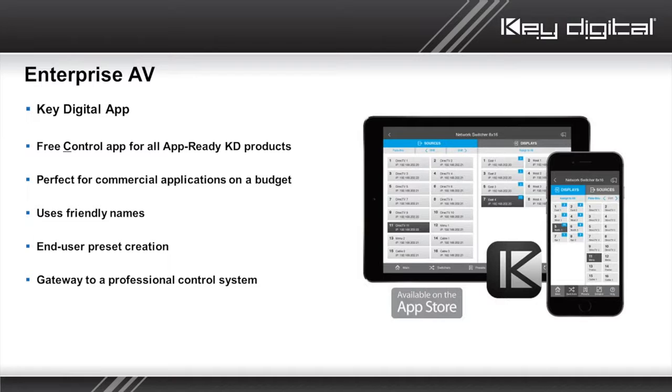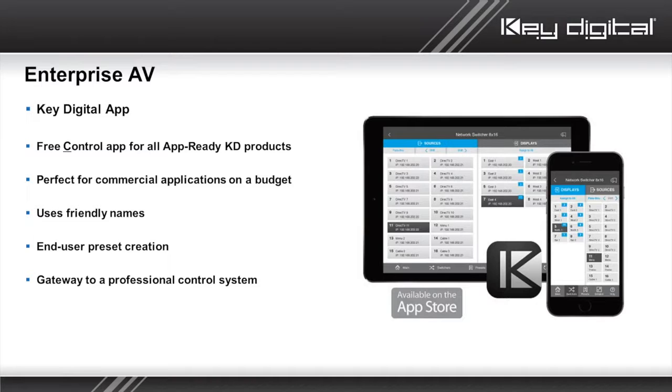And the hope is for KeyDigital's Compass Control and for you, the integrator, whether you're using Compass Control or perhaps something else, that this will be a gateway into a professional control system, because your clients are going to say, you know what, we really like controlling the system off of our smartphone, off of our iOS device.